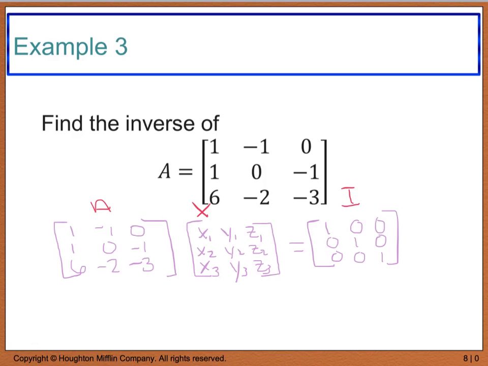When I go to solve this, I will see that A inverse is equal to negative 2, negative 3, 1, negative 3, negative 3, 1, and negative 2, negative 4, 1.